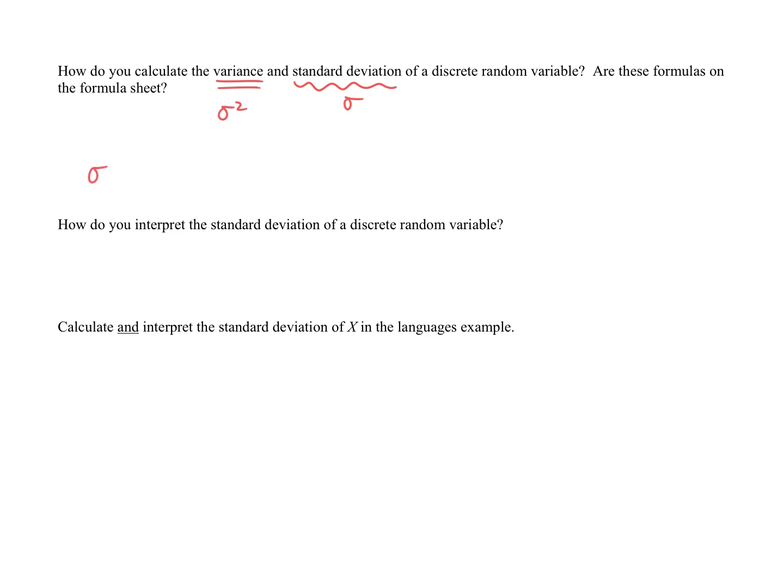To find variance, you take every x value, subtract the mean, and square it. Then you multiply by the associated probability and sum them all up. And then, of course, to find standard deviation, you'll have to take the square root.